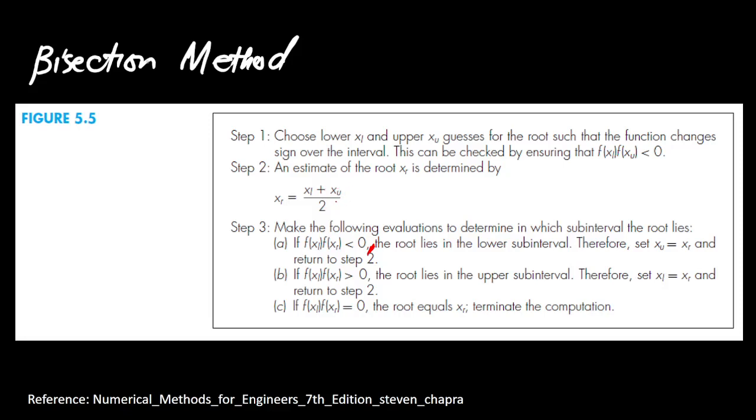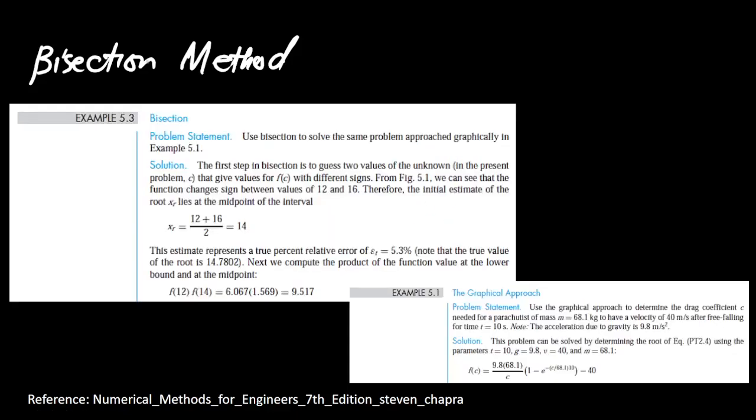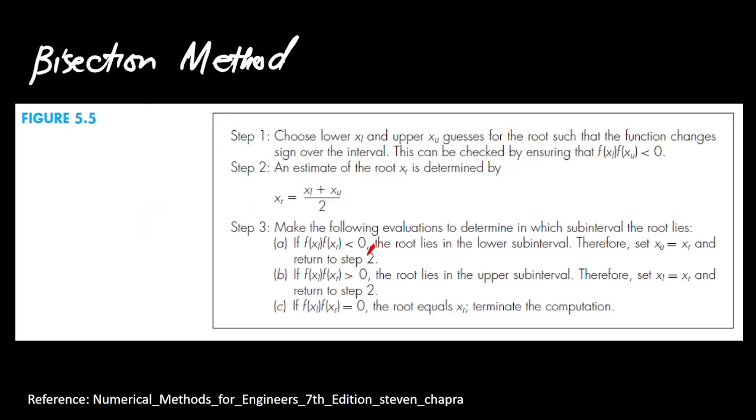You divide it by 2, and you have a new calculated x sub r, and you again follow the descriptions of how to determine what guess should be replaced, and so on and so forth. So I think this method is well explained.